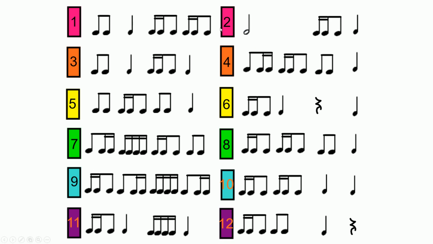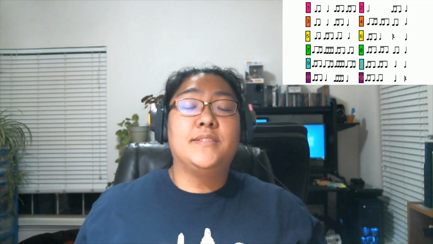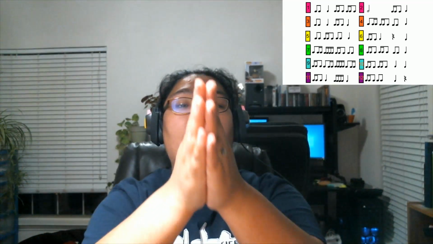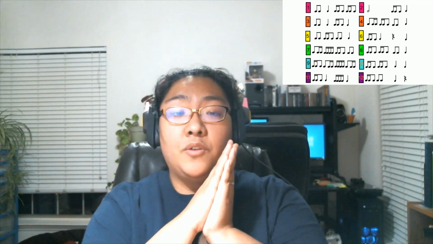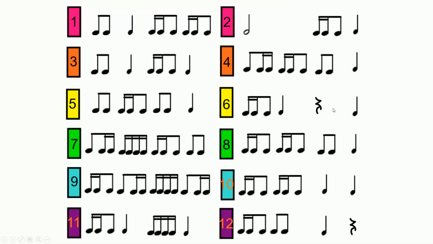Now, real quickly, this thing here is a half note. And in case you don't remember how to do a half note, remember, a half note gets 2 beats. It's one sound that stretches across 2 beats. So you go ta. So if you have no idea how to read the half note, now you do. The other thing to keep in mind is take a look at this rest here.